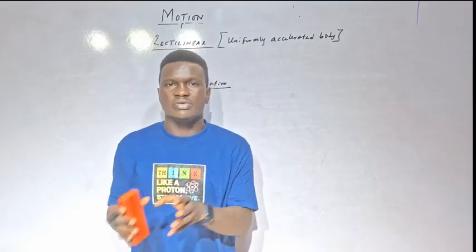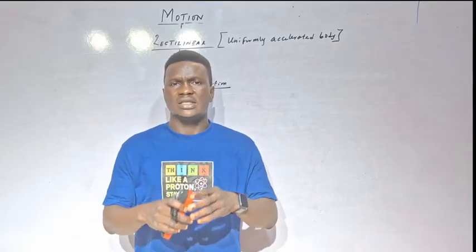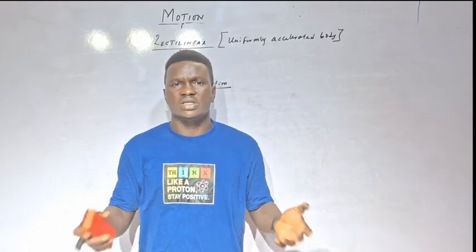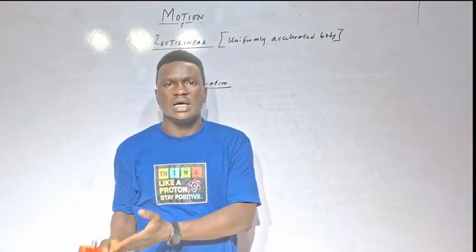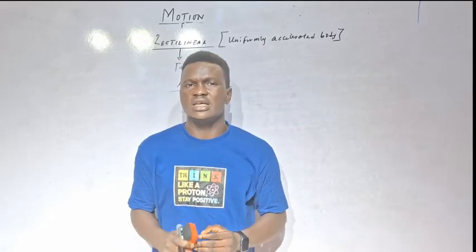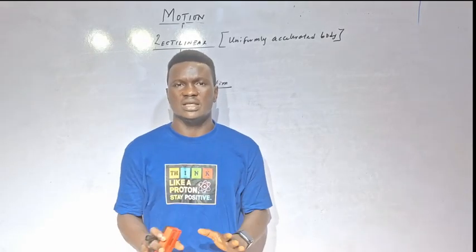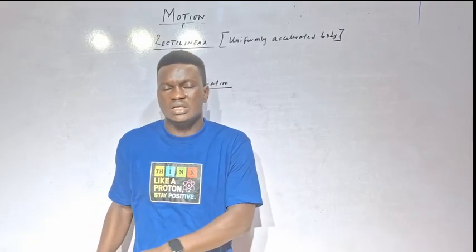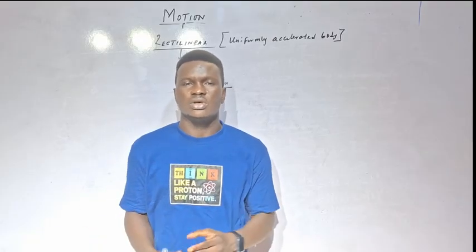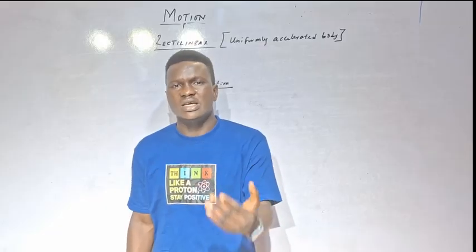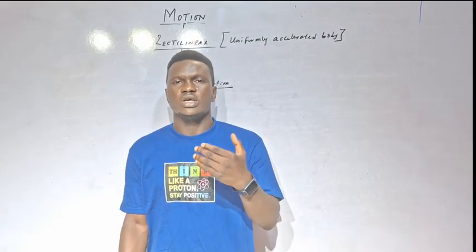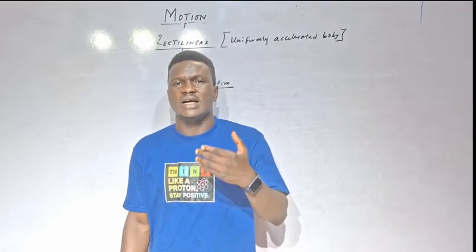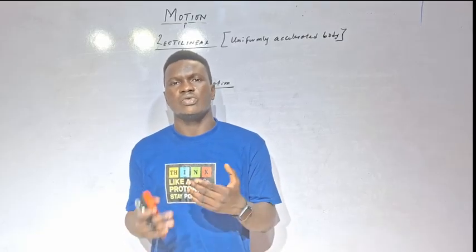Don't just say acceleration is the rate of change of velocity. The change of velocity can be a decrease or an increase. Whenever it is an increase, you say acceleration. Whenever it is a decrease, you call it deceleration. So acceleration is defined as the increase in velocity for a given time, while deceleration is defined as the decrease in velocity for a given time.